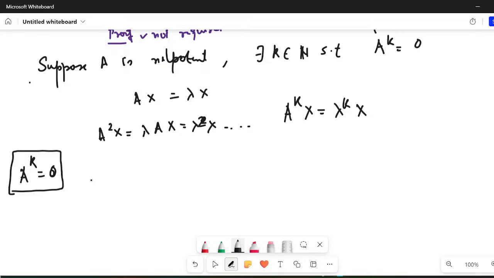So it will be a null matrix, and also if I think about this, it implies lambda raised to power k times x would be equal to a null, an n-dimensional zero column vector, right?